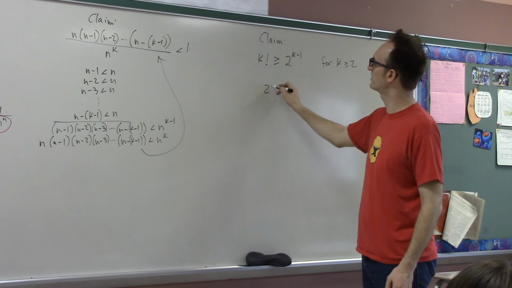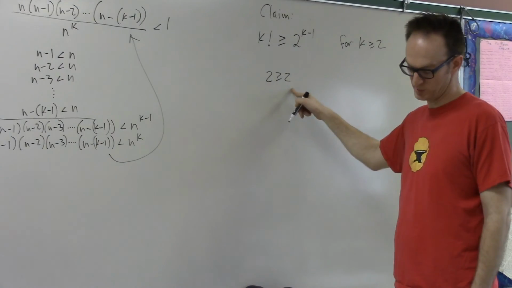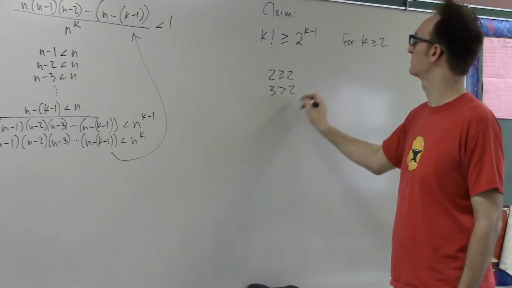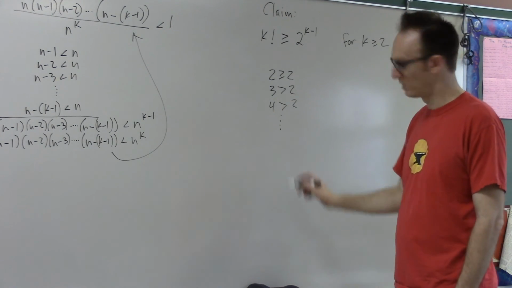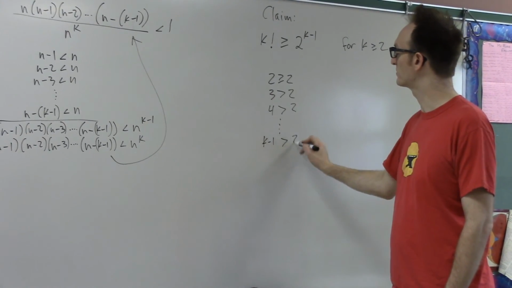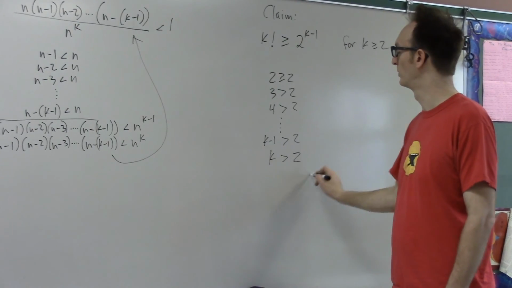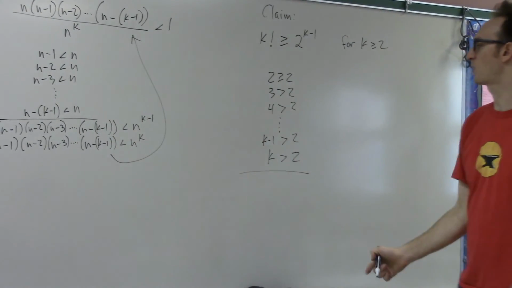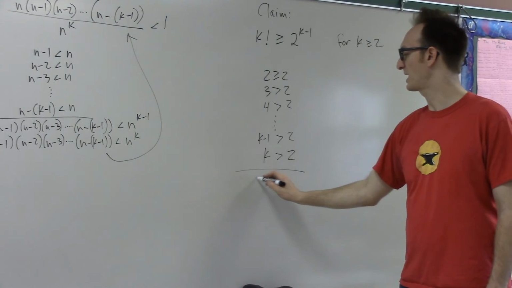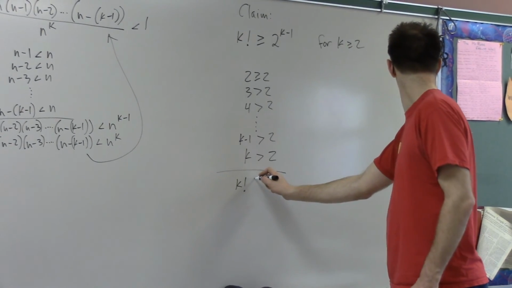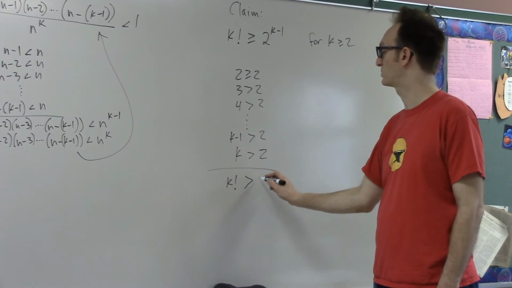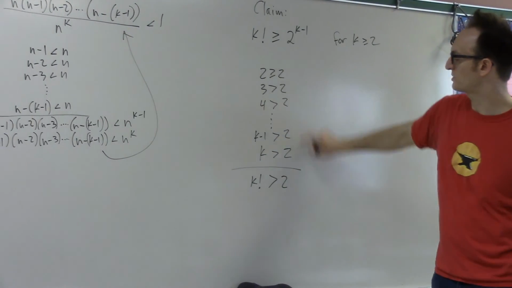The sloppy way would just be to say, look, 2 is greater than or equal to 2, and then 3 is bigger than 2, and 4 is bigger than 2, and you just go all the way up to k is bigger than 2. So when you multiply all these inequalities together, you get that k factorial is bigger than 2 to the, how many terms do I have here?